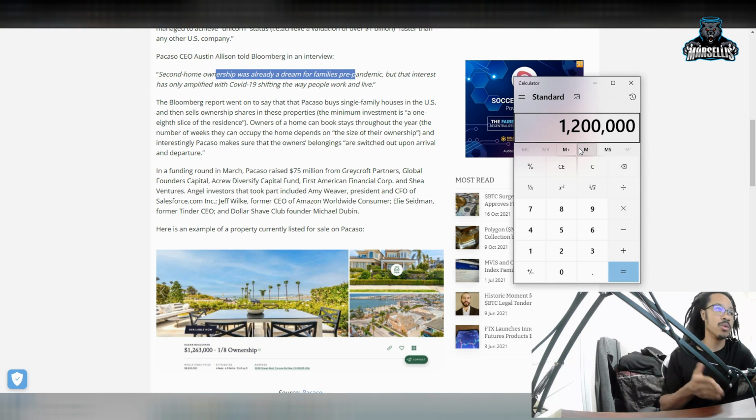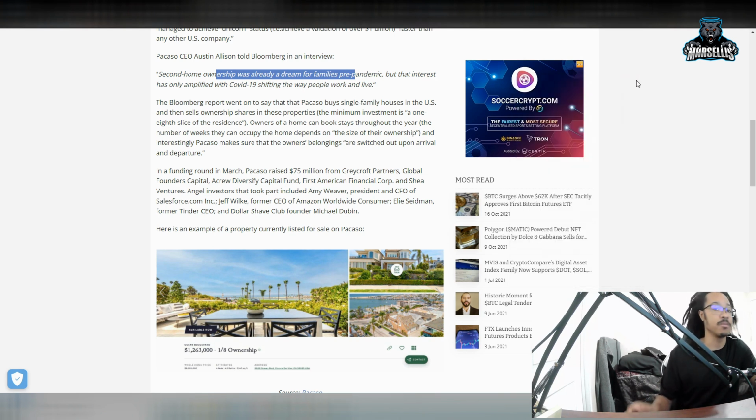If you own 1 out of 10 of a house at $1 million, that'd be 100K. And since it's at 1.2 million, you're owning around 75K. So if you put 75K into ownership of this home, you're going to be able to rent it for a certain amount of time out of every month with your $75,000 ownership of that $1 million house. And now you can do this in Dogecoin.